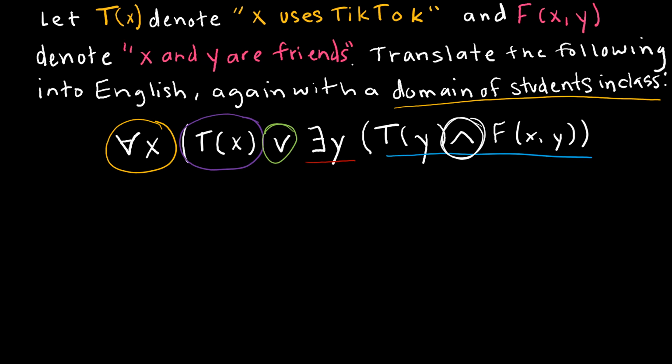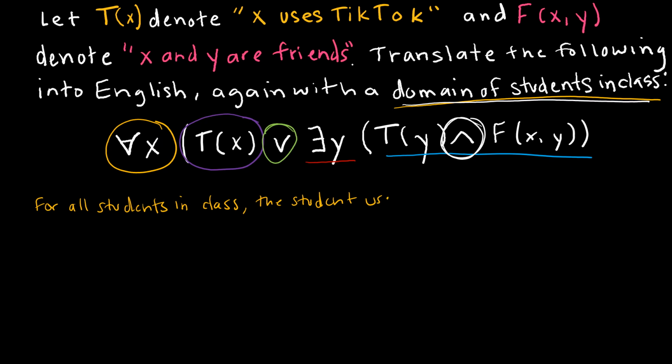So let's see what we can come up with. For all x means for all elements of our domain. Domain is students in class. So for all students in class, what do I know? T(x). T(x) denotes x uses TikTok. For all students in class, the student uses TikTok.